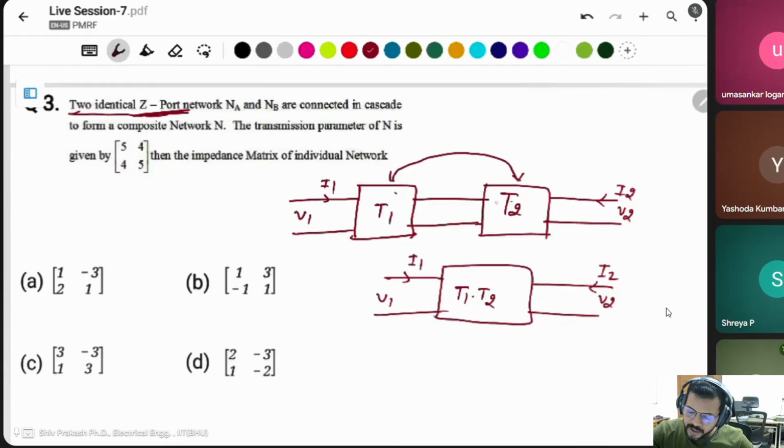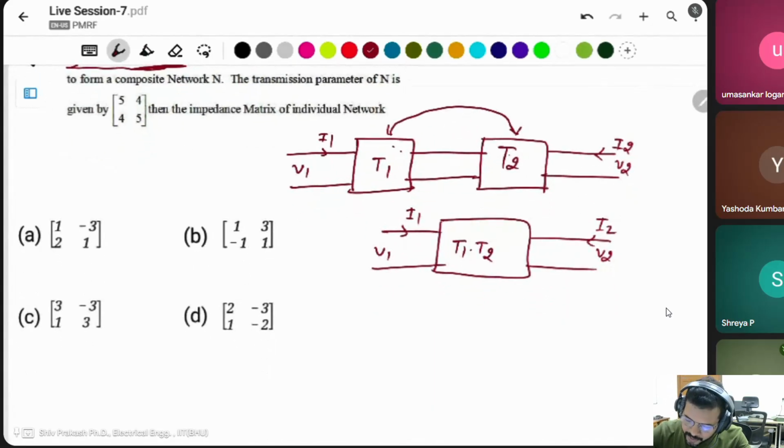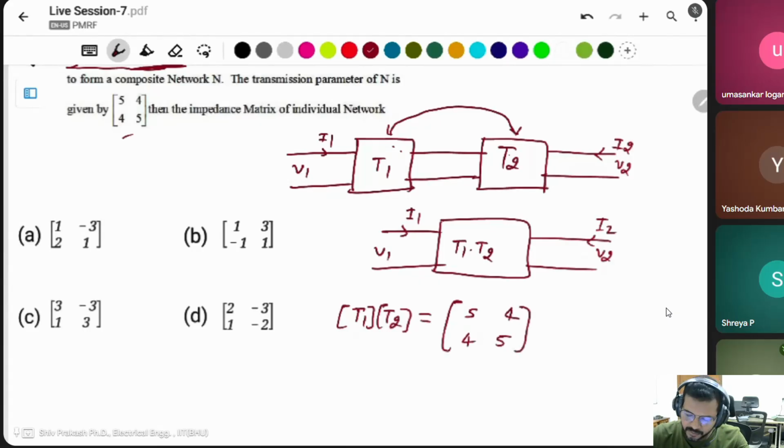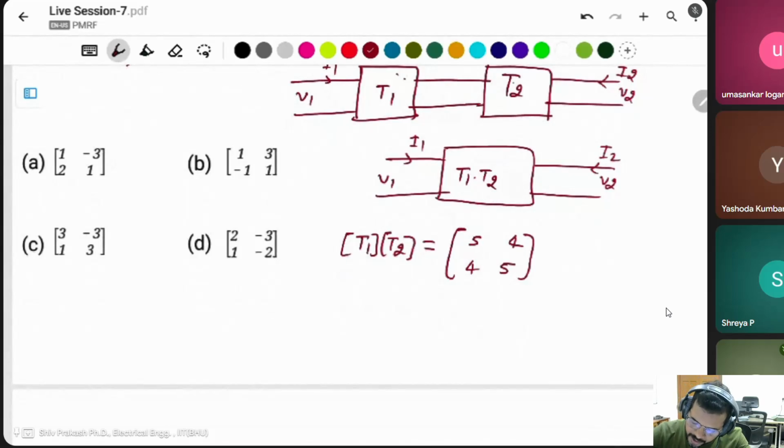Then T1 and T2 is equal to the total network. The total network is given as this one, 5, 4, 4 and 5. Then I let T1 as ABCD, this one also ABCD.